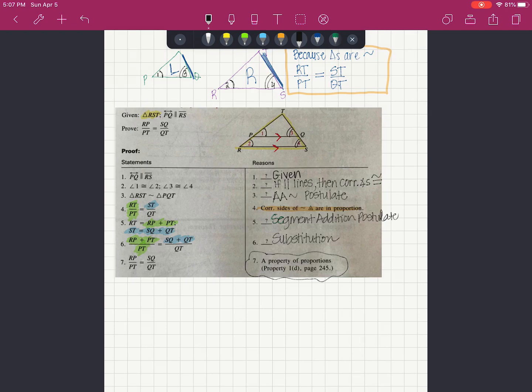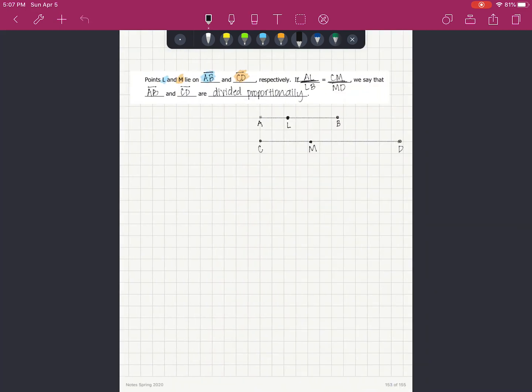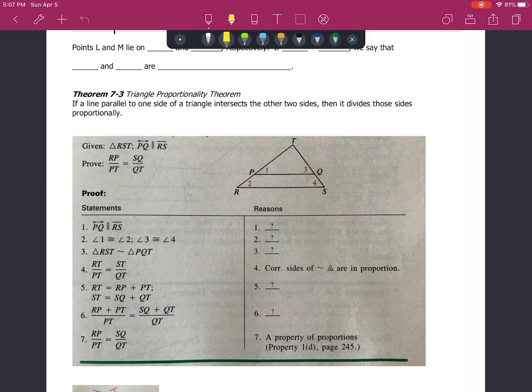Okay, so there's our proof that shows when you've got those similar triangles, we've got this proportional length situation that is indeed true. It's called the triangle proportionality theorem.